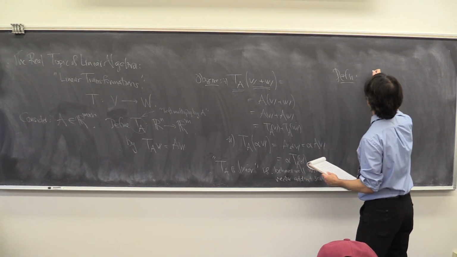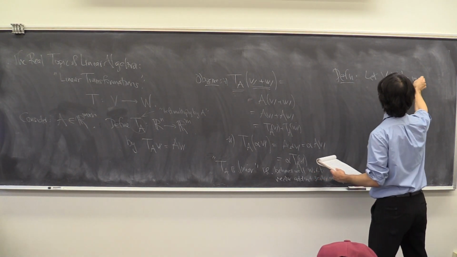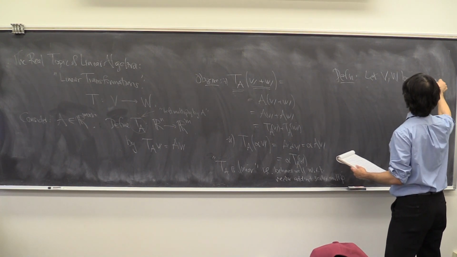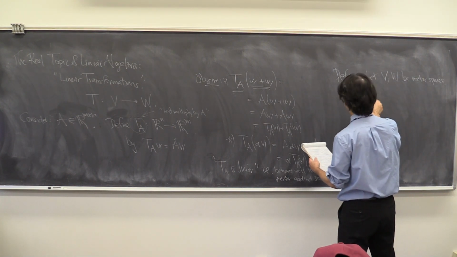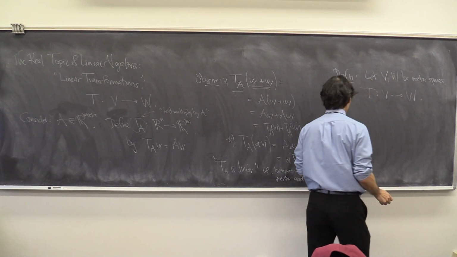And we'll say, suppose we have two vector spaces, and we have a map from one vector space into the other vector space.